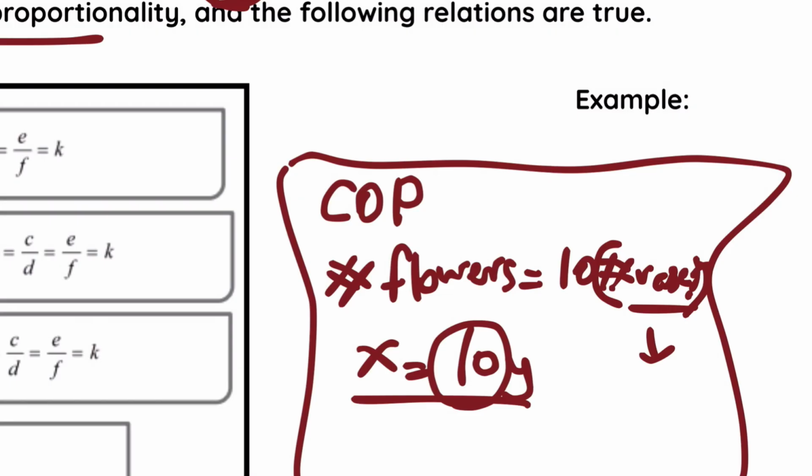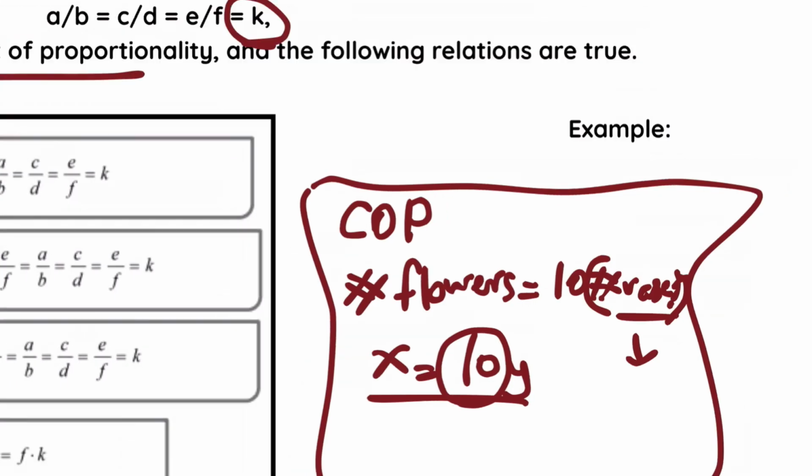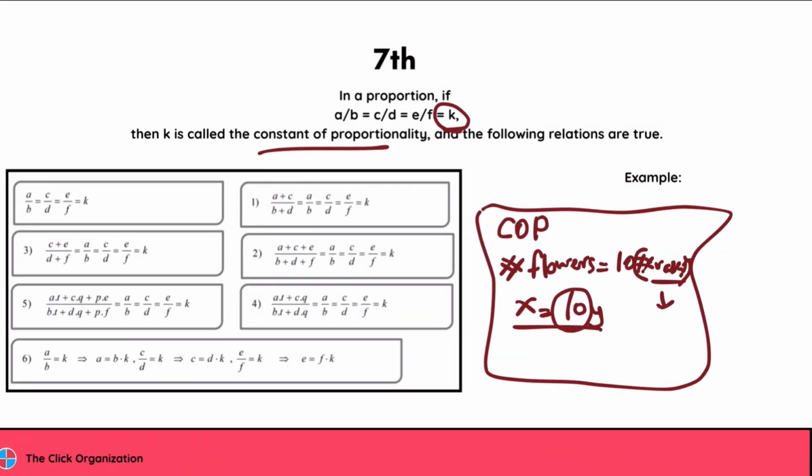What does 10 do? 10 is a specific number that creates a relationship between our variables, so it makes the relationship between the variables obvious. My variables are x and y, or number of flowers and number of vases, and 10 makes the relationship obvious. So the number of flowers is equal to 10 times y, or number of vases. So 10 is my constant of proportionality in here.